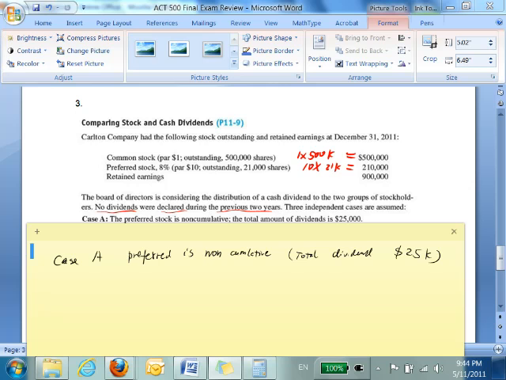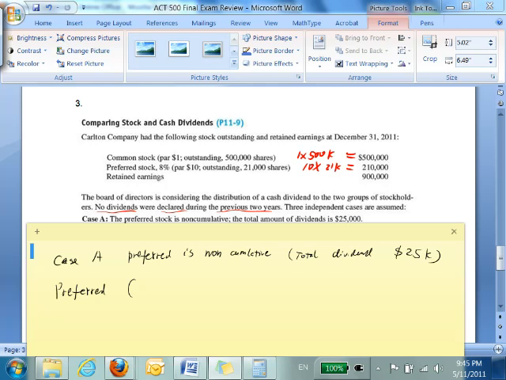Let's see, preferred stock. Preferred stock is entitled to the dividend amount of what?